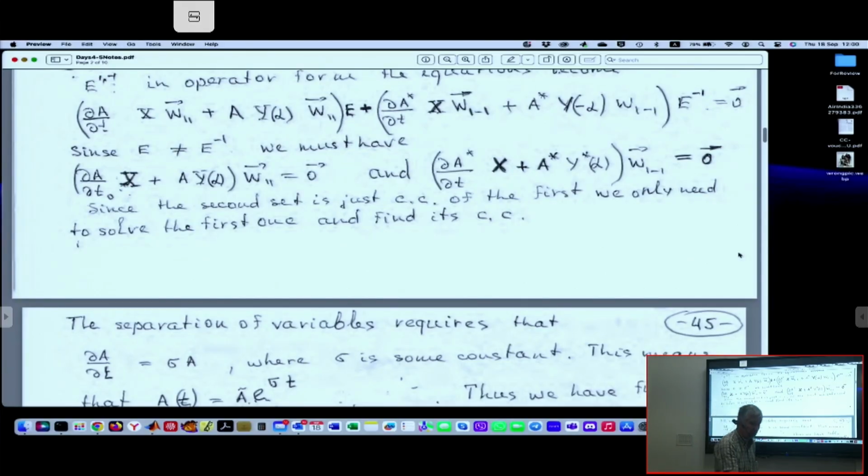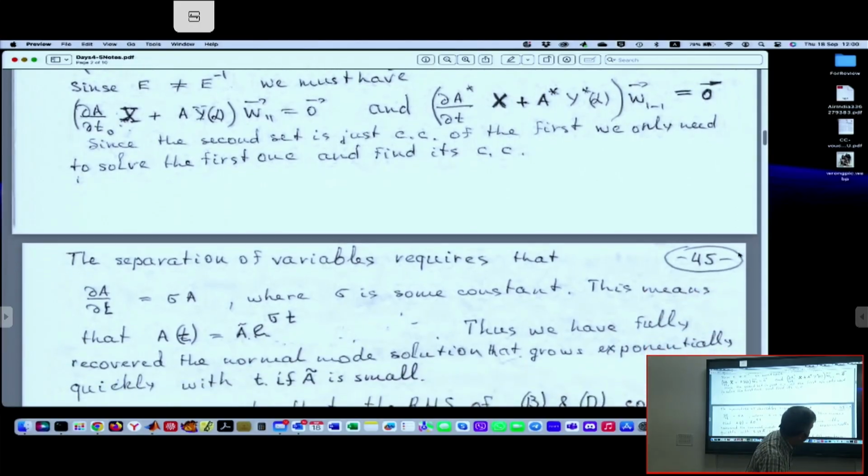And that's exactly what I write here. dA by dt is proportional to A. And the coefficient of proportionality is, surprise, surprise, sigma. I happen to choose the same notation, but at this logical stage, this has nothing to do with the growth rate. It's just a matter of pure matching of two terms.